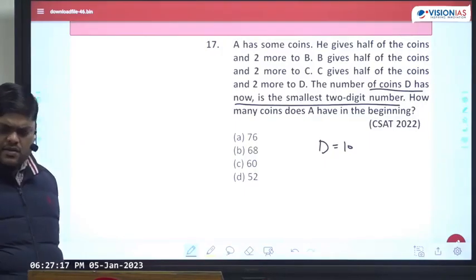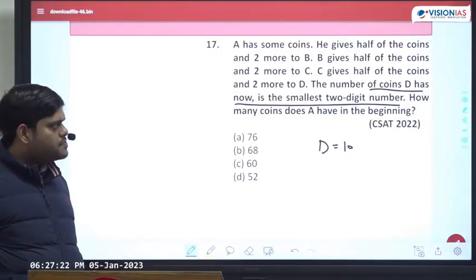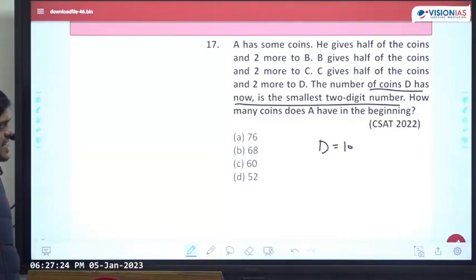Now it's a simple one. You can solve this question easily.